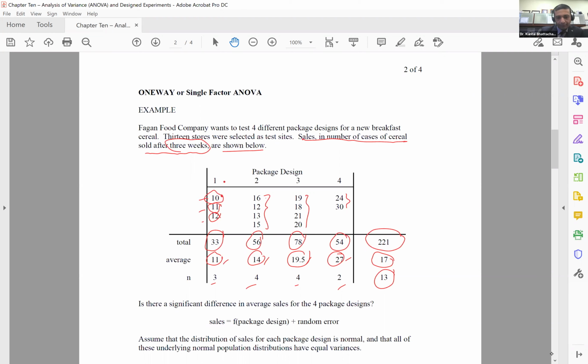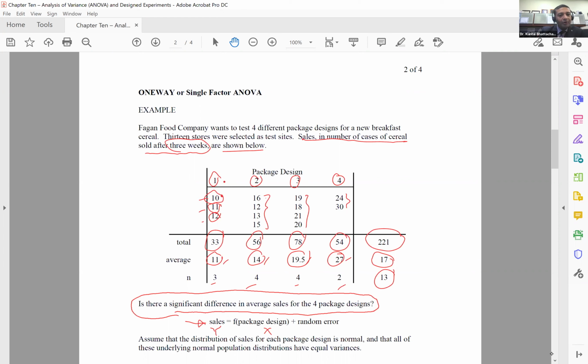So the question that we are trying to answer is, statistically, is there a significant difference in average sales for the 4 package designs? Okay, so if you want to define that as an equation, your response is your sales, your factor is your package design, which has 4 different levels or treatments: package design 1, 2, 3, and 4.